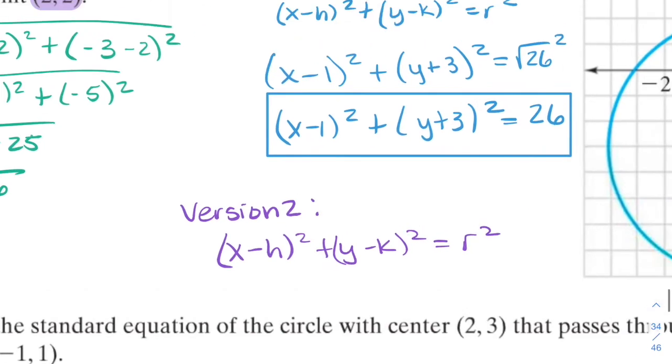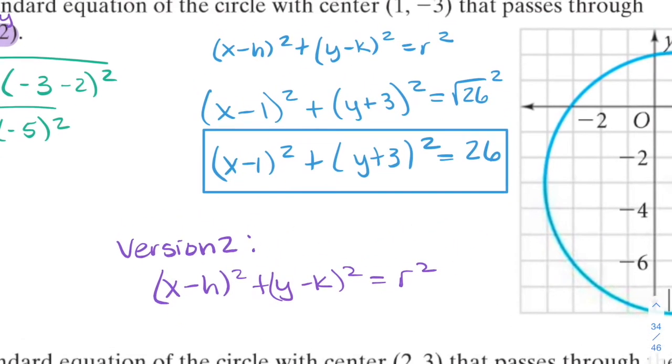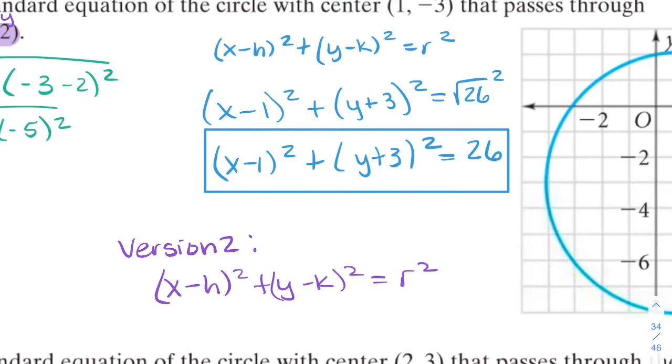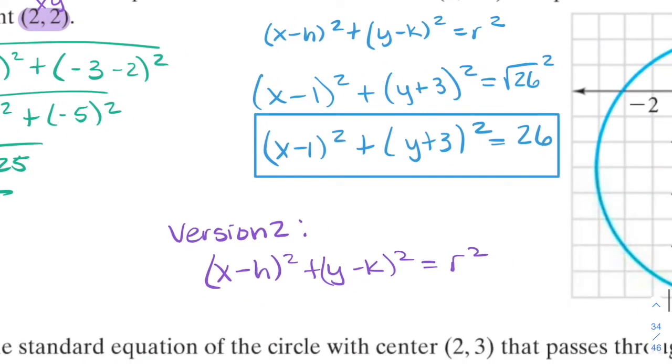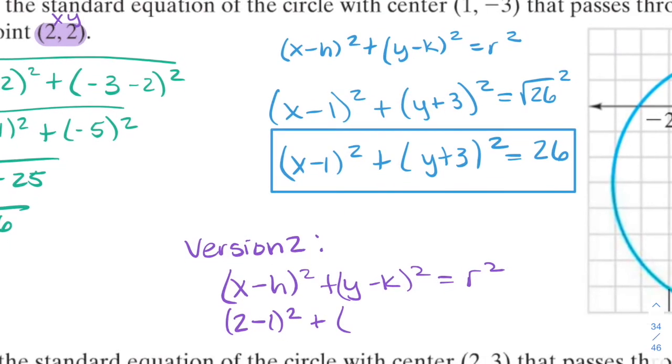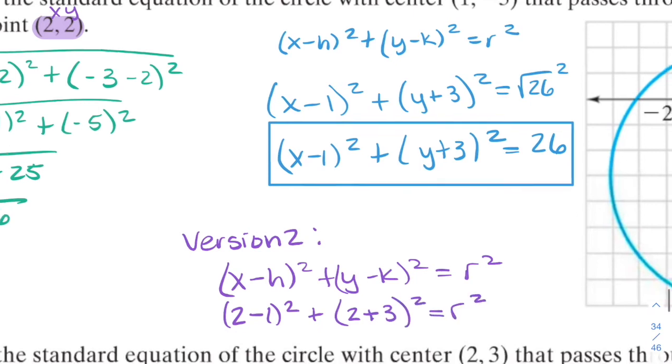So they said, let me just put in all my numbers and then I'm done. And I was like, that's actually much easier than doing the distance formula. So they did 2 minus 1 squared plus 2 minus negative 3, which is 2 plus 3 squared. And they immediately solve for r squared.